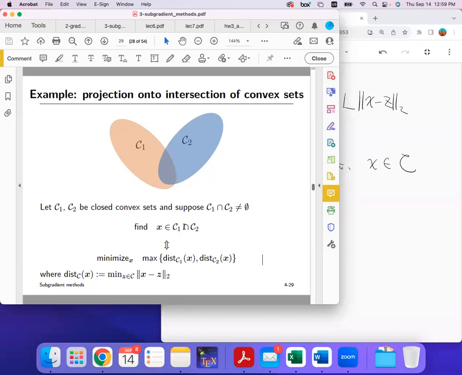The intuition is that if x is in the intersection area, then the distance to C1 should be 0, and also the distance to C2 should also be 0, right? So we kind of characterize this inclusion using the distance, right? If x is in the intersection, then both distances would be 0. Therefore, here we simply consider the maximum of these two, and we minimize this maximum distance.